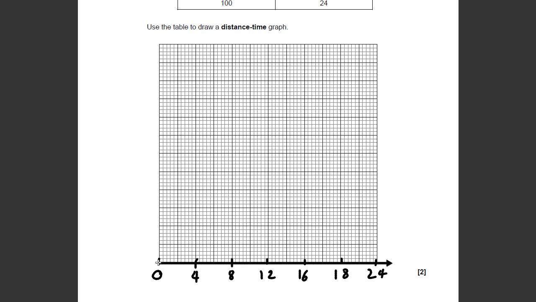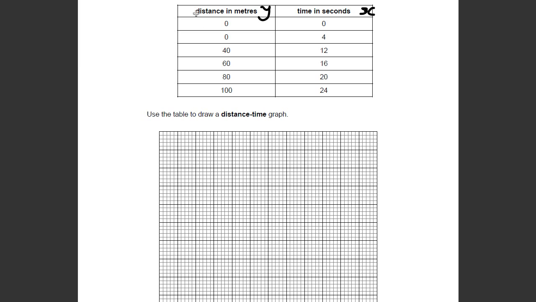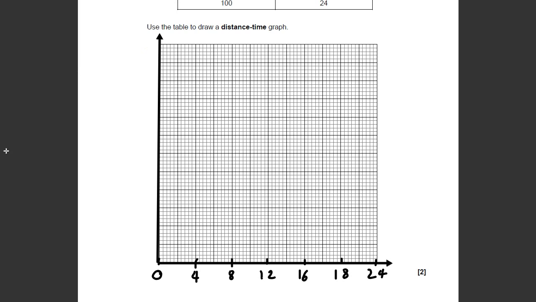Now my y-axis has to have the distance on it. And distance needs to go from 0 up to 100. So I'll probably go up in tens and just really see what fits. 10, 20, 30, 40, 50, 60, 70, 80, 90, 100.